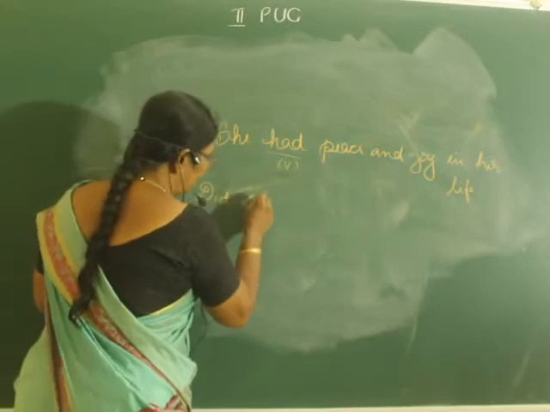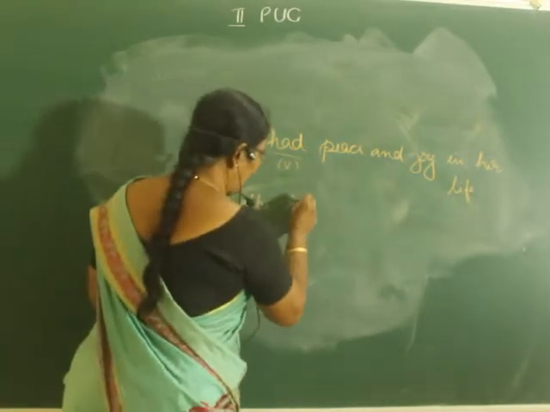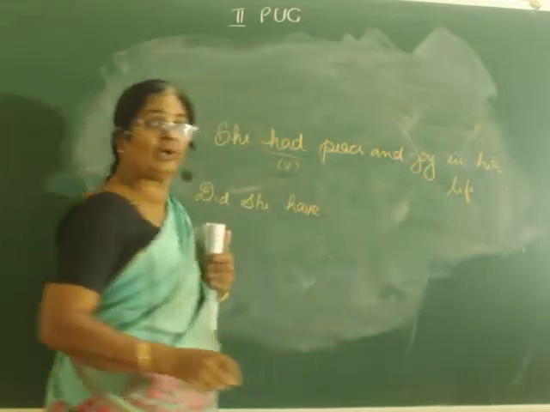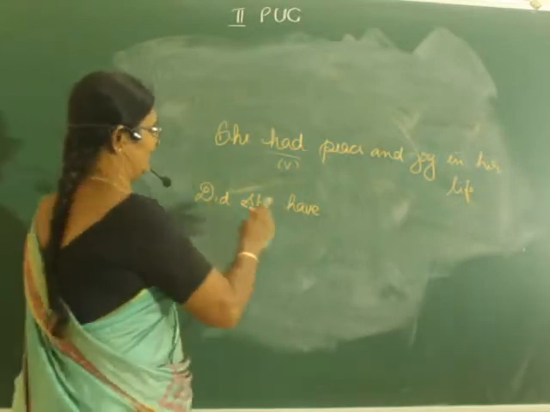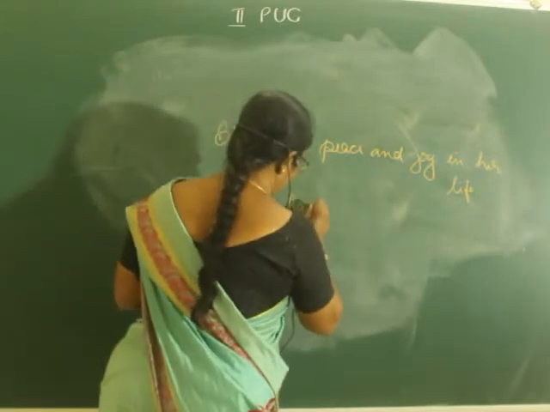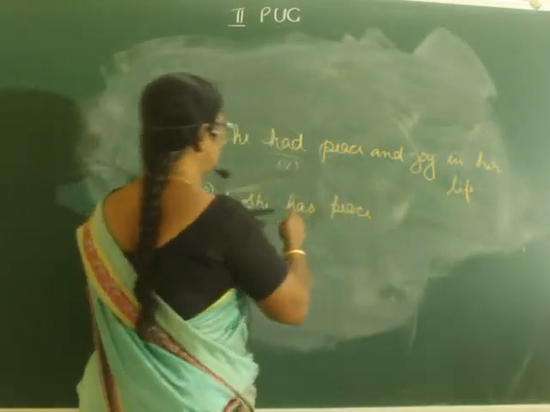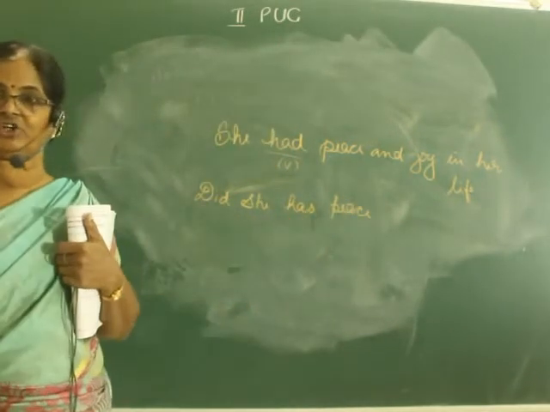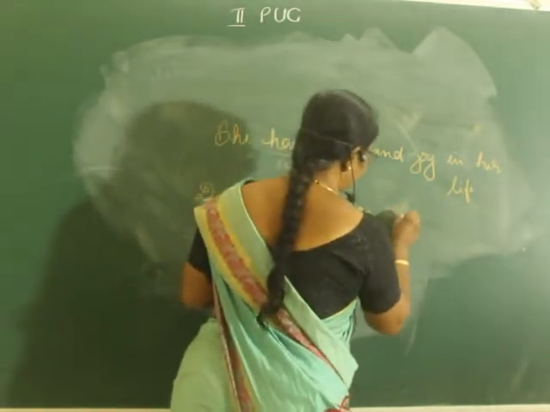Did she, and the present form of the verb. Did she have. Why not has? Did she has? Sorry. It should be has because she is singular.